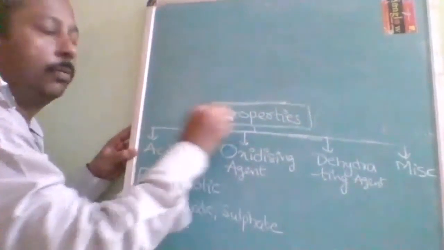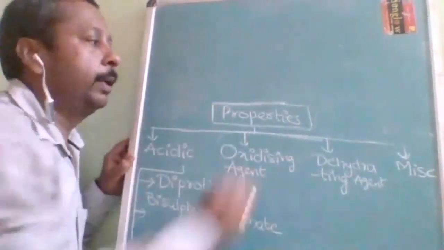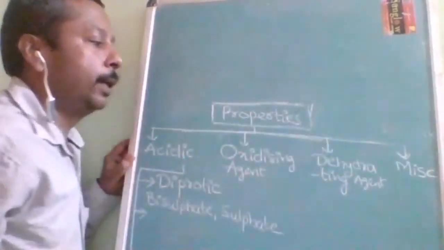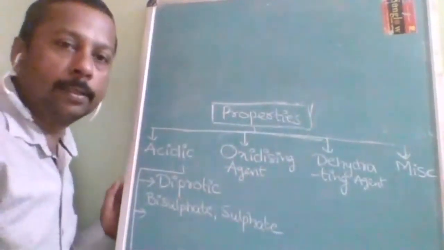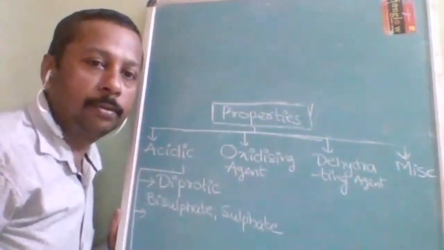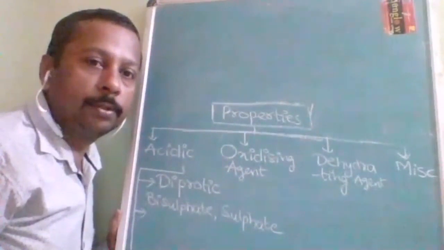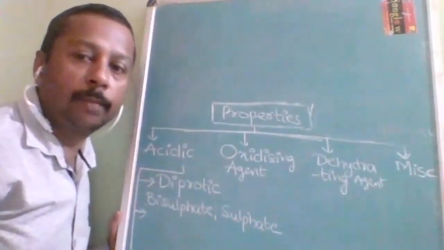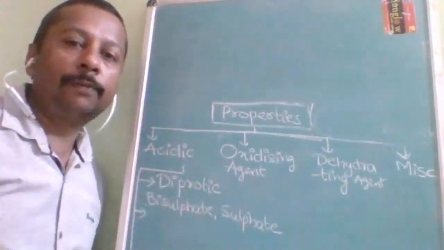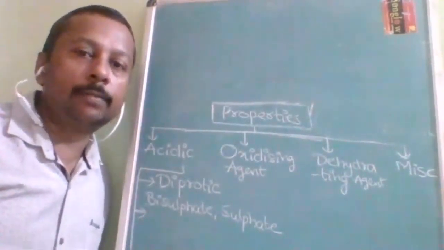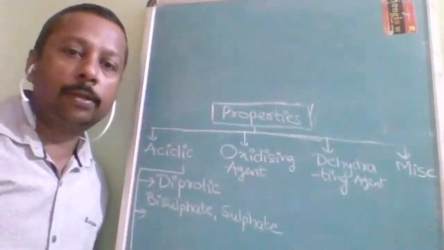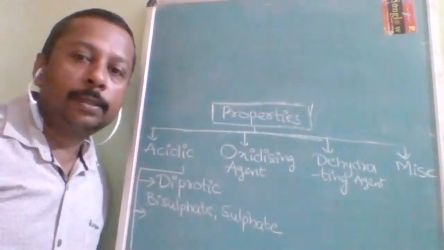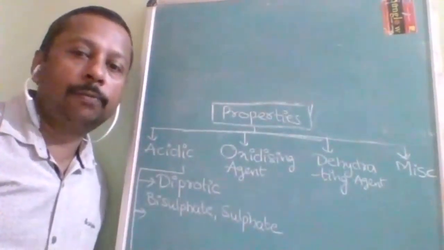Now, for easiness, the properties of sulfuric acid are the chemical properties. I am not going to focus much on the topics which you need to just study; wherever some explanation is required, there only I am going to concentrate. For easy learning of the properties of sulfuric acid, I am going to segregate them into a total of 4 parts.